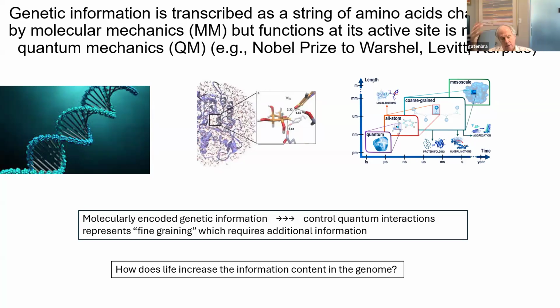Coarse graining involves smoothing of detailed structures and makes things more tractable, but at the cost of losing information and losing entropy. The opposite requires information, and this has to be information gained from the genetic information. So how does that happen?